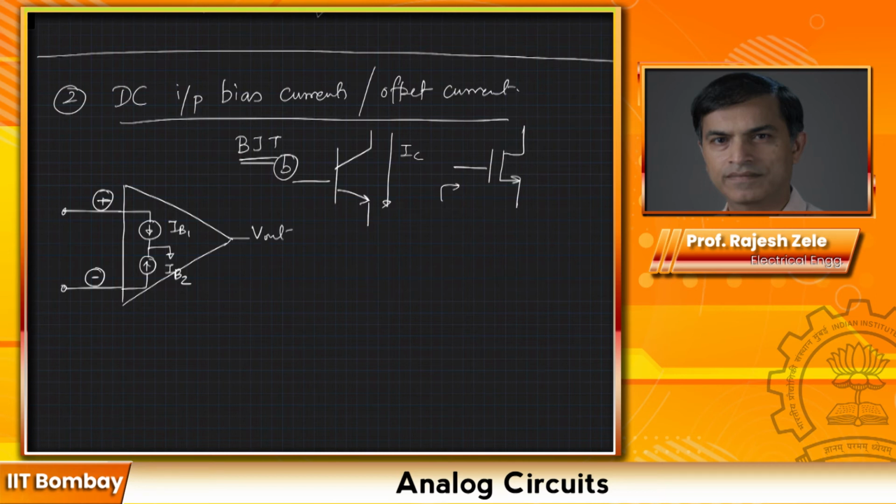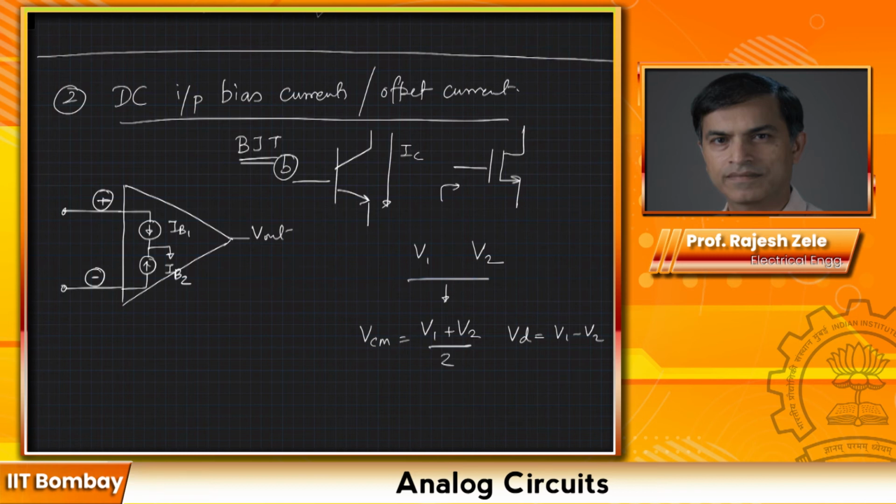Now one thing I would like you to remember: whenever we have V1 and V2 applied to the positive and negative inputs, we are quick to come up with two properties, VCM, which is equal to V1 plus V2 divided by 2, and VD, the differential voltage, which is V1 minus V2.